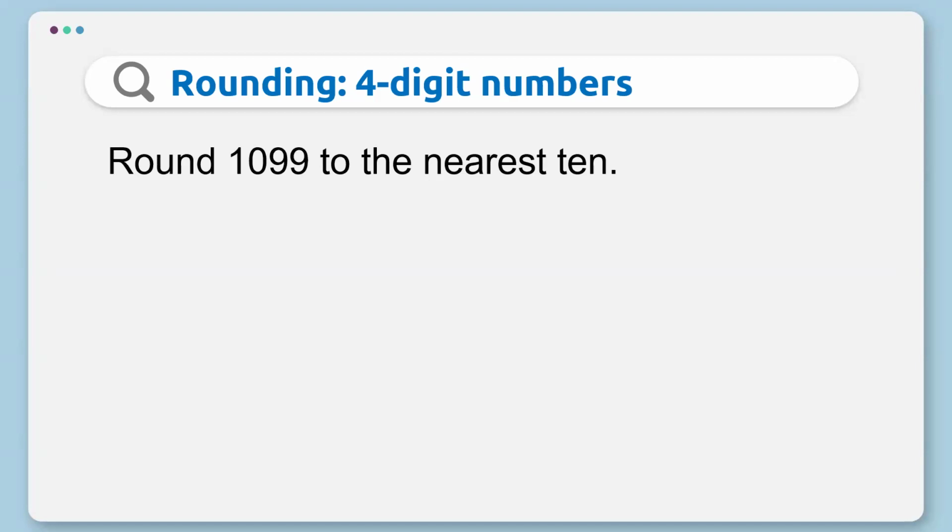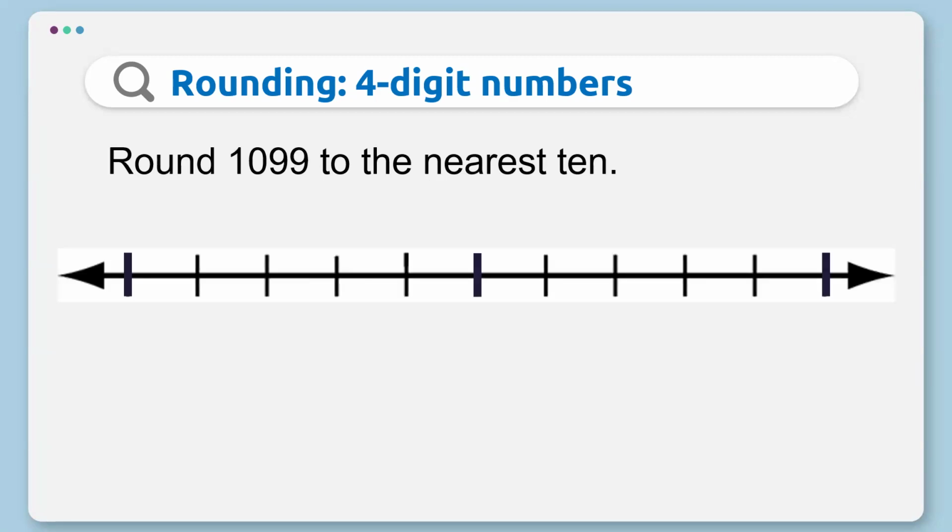Let's try another 4-digit number. What about 1,099? Can we tell which two tens 1,099 is in between? It is actually 1,090 and 1,100.